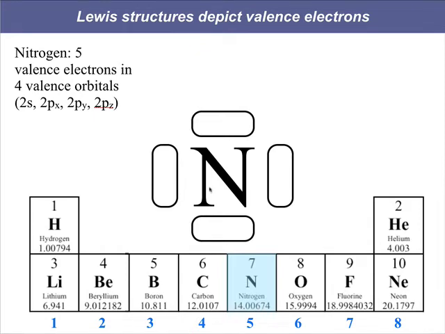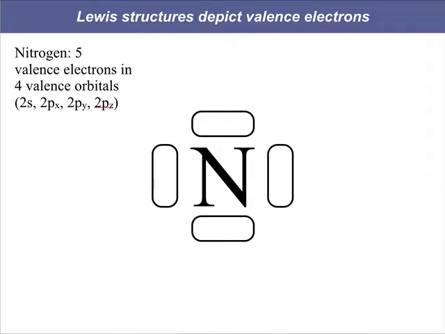So let's fill those 5 valence electrons into those 4 valence orbitals using Hund's rule, in which we singly populate the orbitals before we doubly populate them. So we'll take the 5 valence electrons from nitrogen. We'll go 1, 2, 3, 4, 5. Okay?